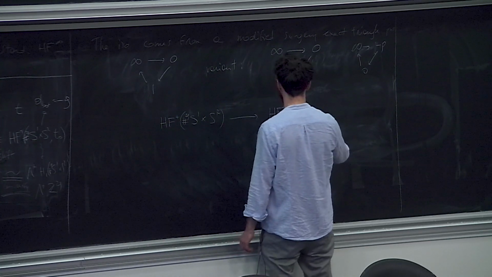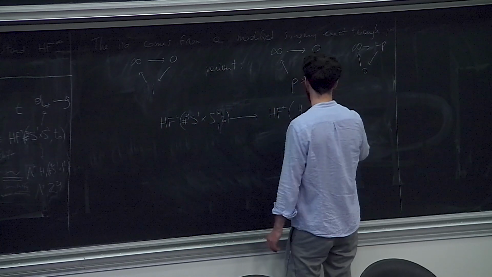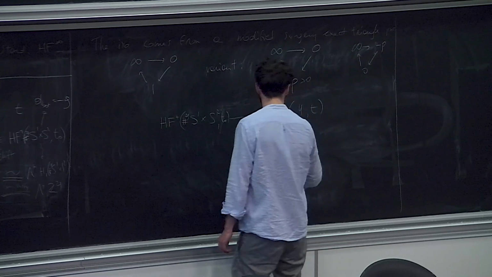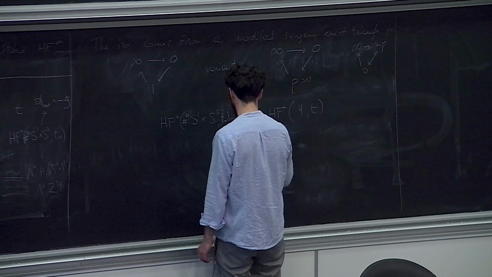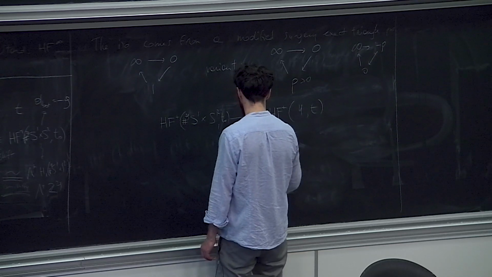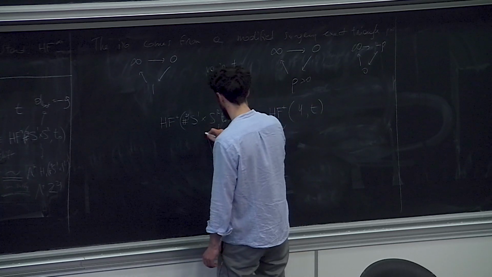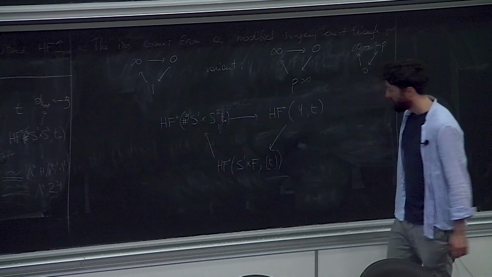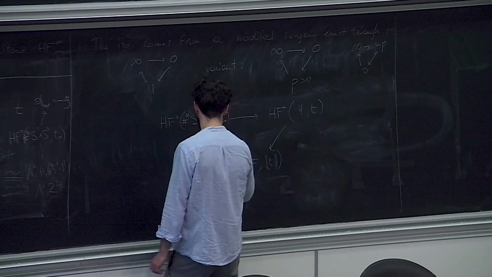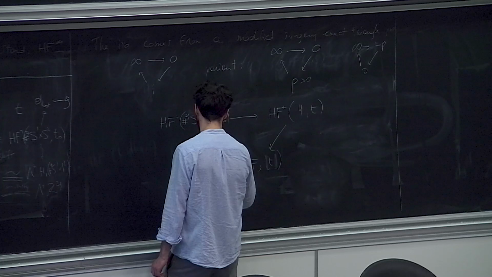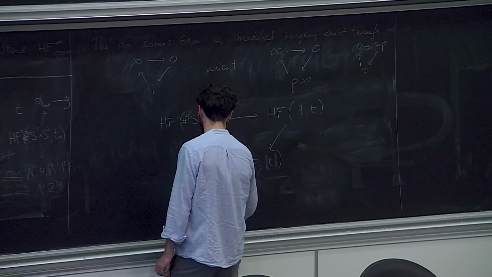three manifolds that appear here. This is T0, this is T, and this is HF plus of S1 times F. I'm going to write this, actually maybe I should write the sum over a certain subset of spin-C structures.